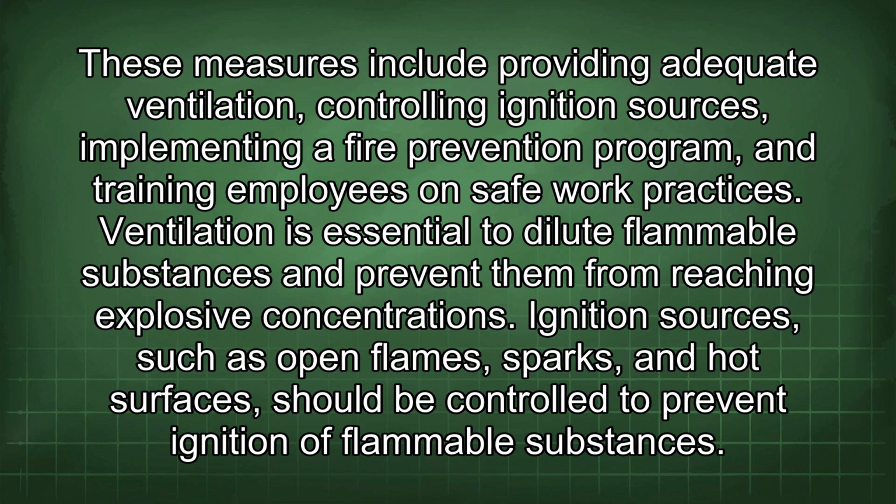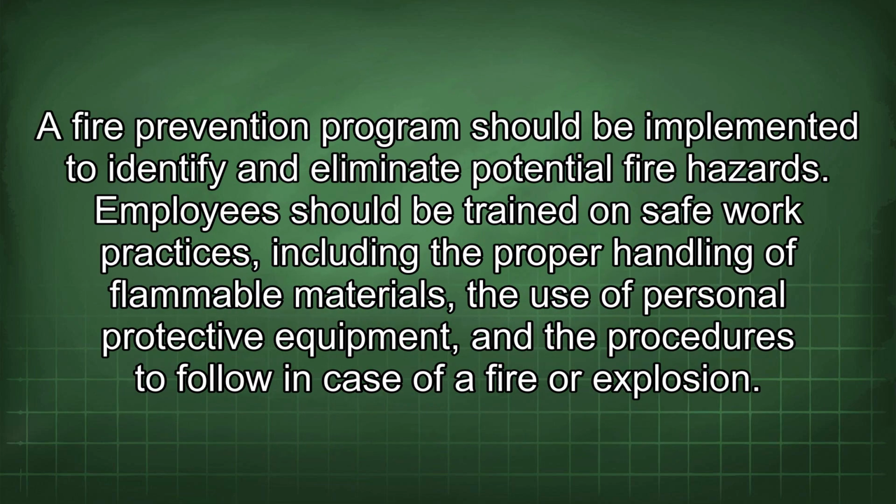Ignition sources, such as open flames, sparks, and hot surfaces should be controlled to prevent ignition of flammable substances. A fire prevention program should be implemented to identify and eliminate potential fire hazards. Employees should be trained on safe work practices, including the proper handling of flammable materials, the use of personal protective equipment, and the procedures to follow in case of a fire or explosion.